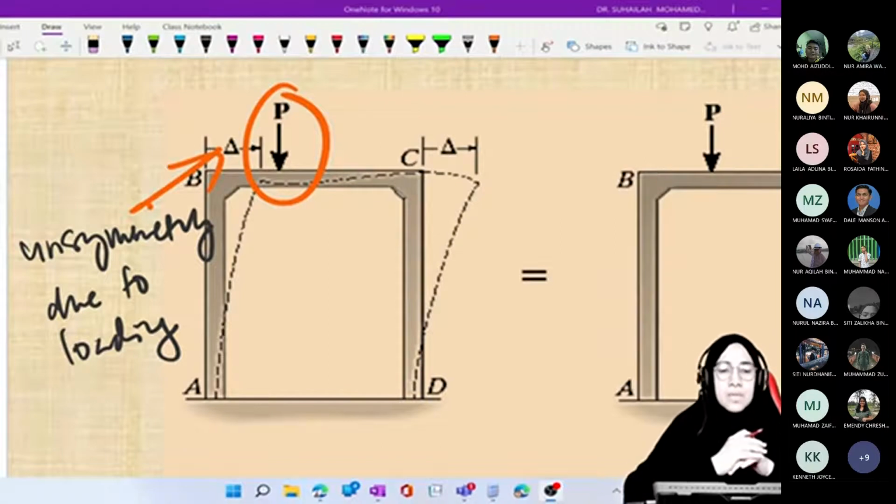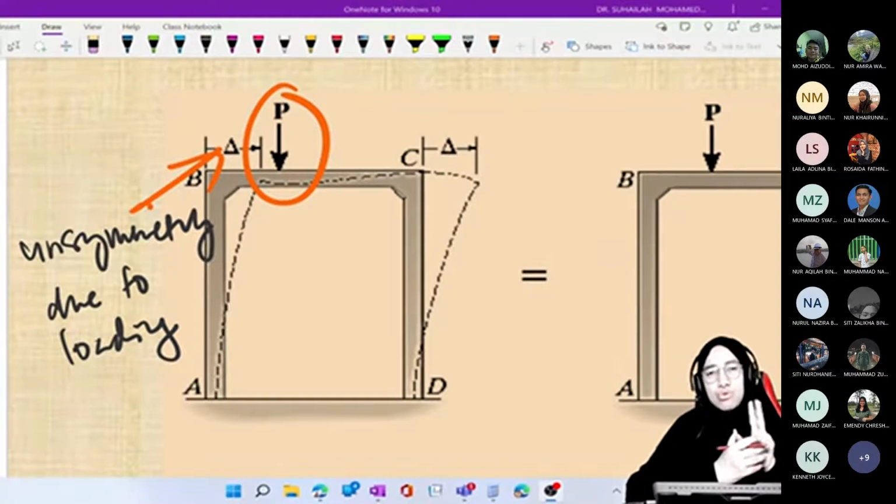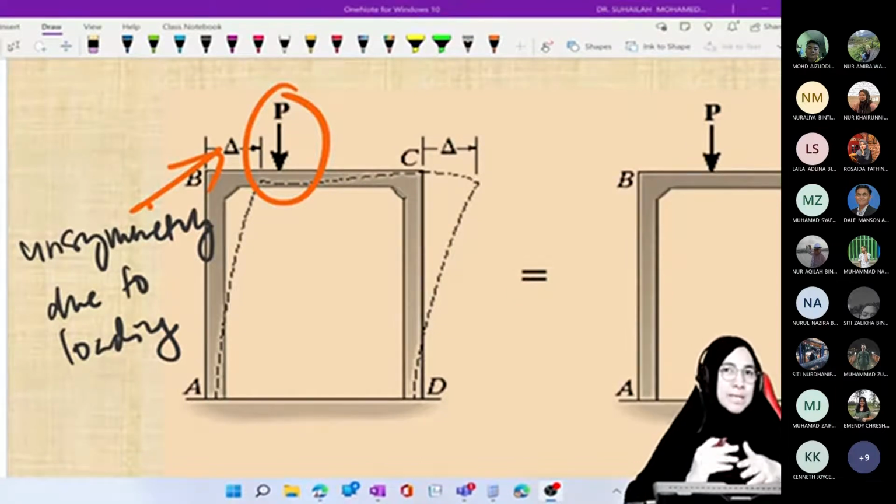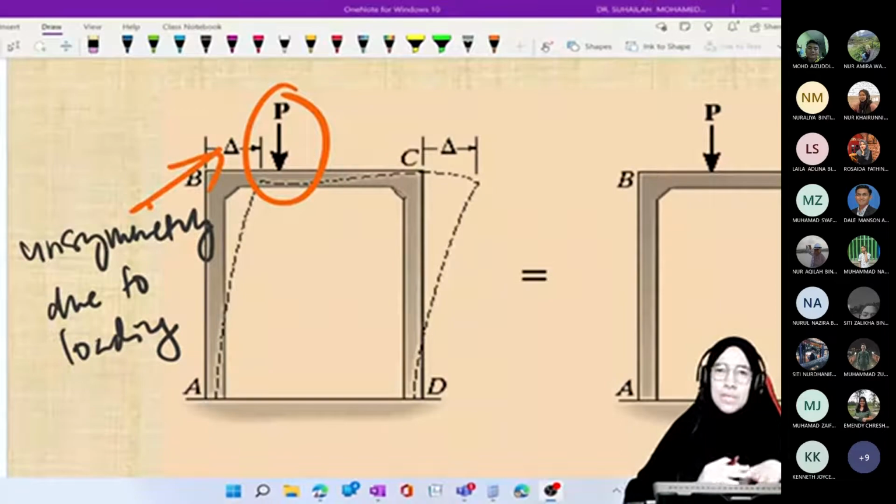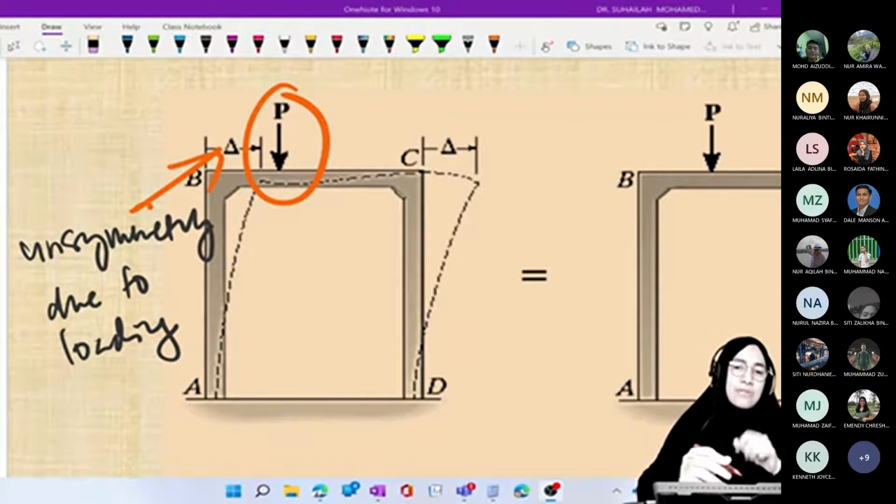Okay, where were we? Always remember that FEM we calculate due to two conditions. The difference between a beam with support settlement and a frame with sidesway is due to delta, because delta, the sidesway in the frame, is an unknown value.